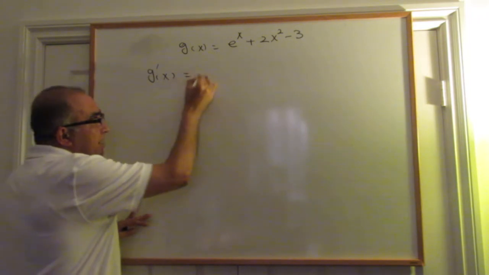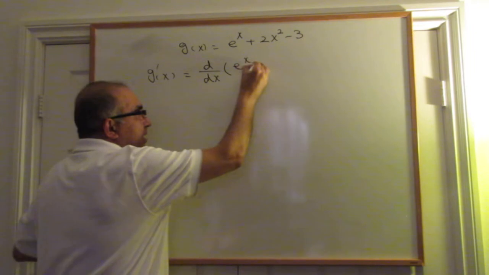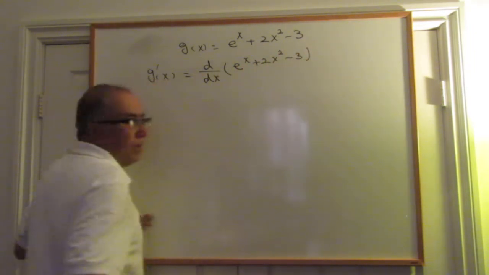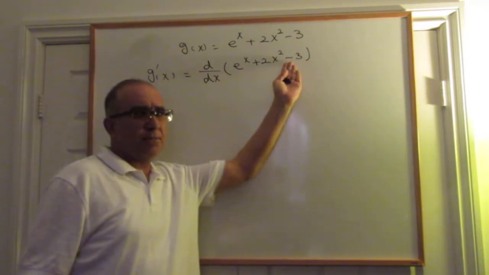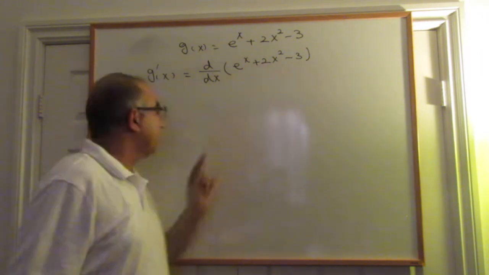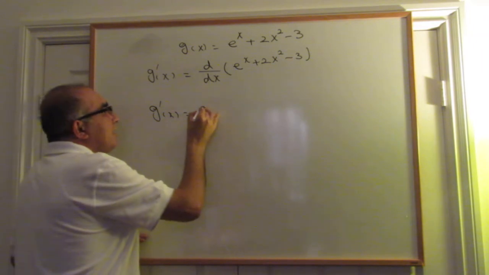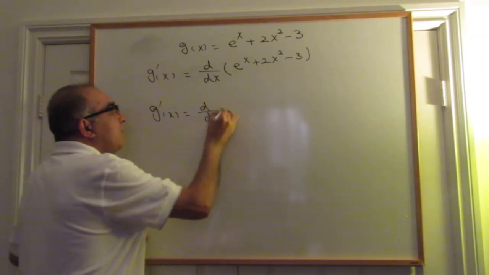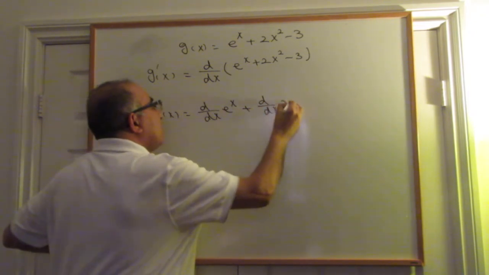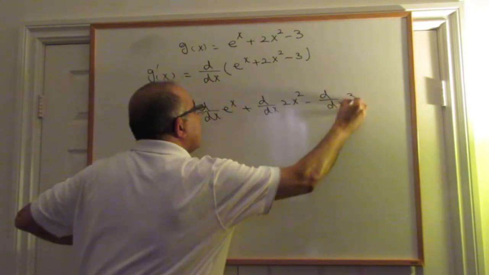G prime of x equals d over dx of e to the x plus 2x squared minus 3. Now here I have addition and subtraction. I'll take the derivative of every single term, right? Then g prime x equals d over dx of e to the x plus d over dx of 2x squared minus d dx of 3.